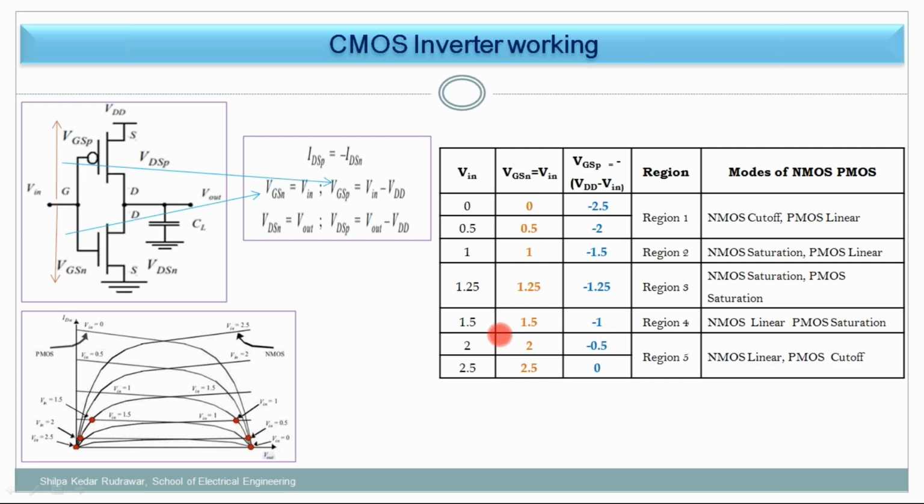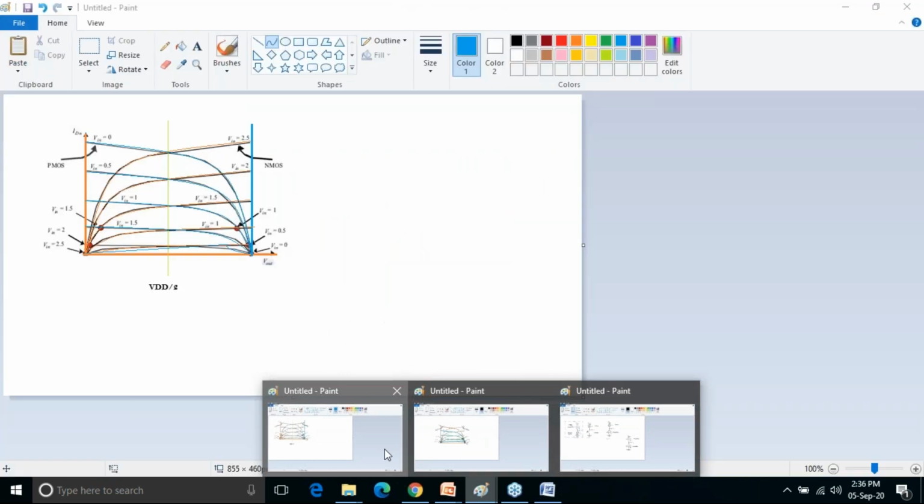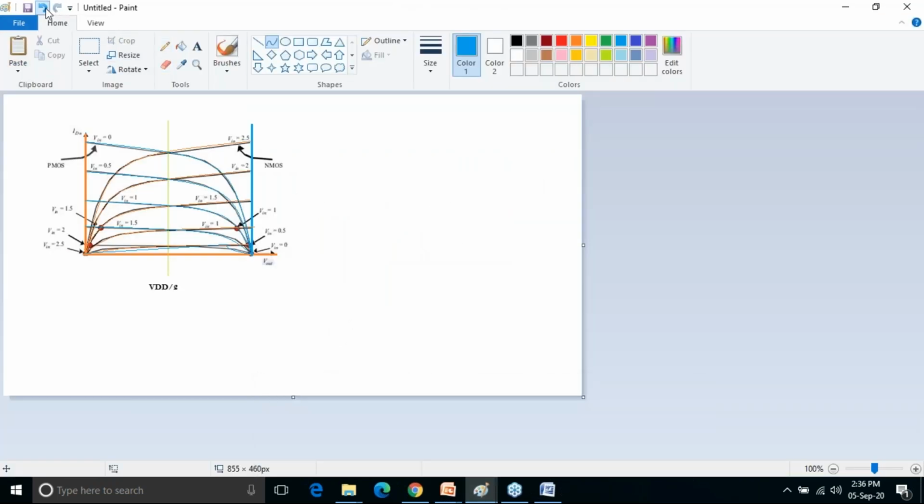Now, after that, it is very important, and you need to do it parallelly with me. I have done something in Paint for understanding how to draw this particular graph. This is very important from the point of view of understanding. So I am leaving this part and going to Paint.